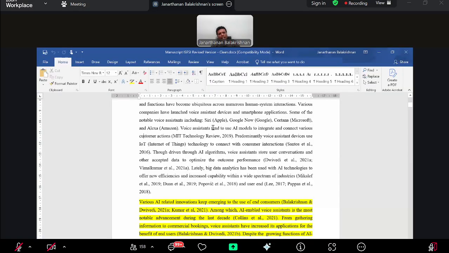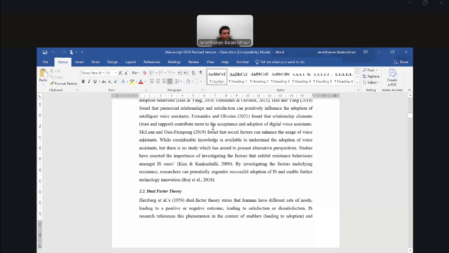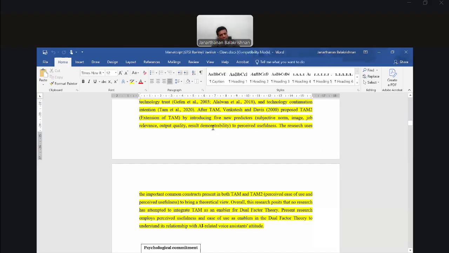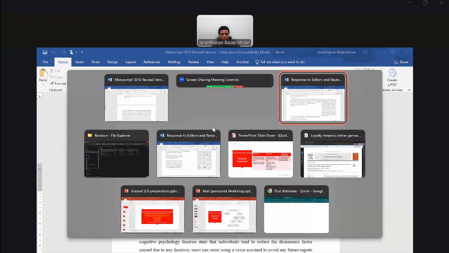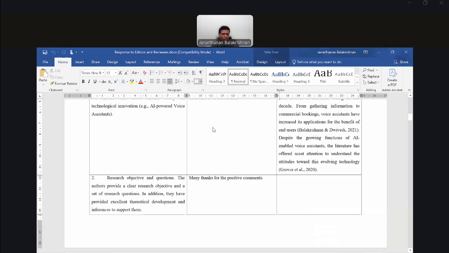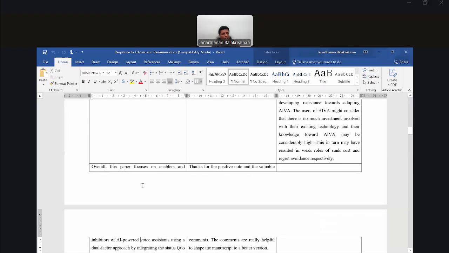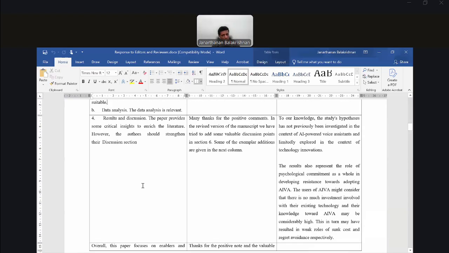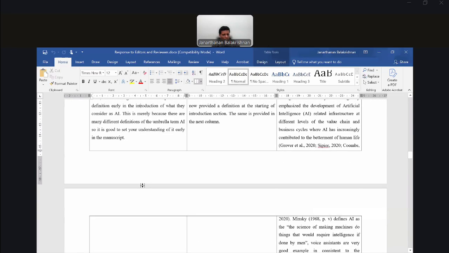So wherever the changes have been made, you highlight them also. So it is both ways: you're highlighting here, and also you are trying to respond with the content. Whatever is highlighted in yellow, I'm trying to put it here. So if they have given a positive comment, also try to acknowledge it. And whatever reasons you are highlighting it for, you try to explain.